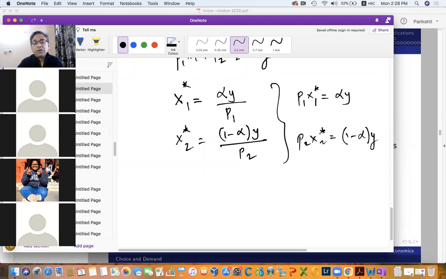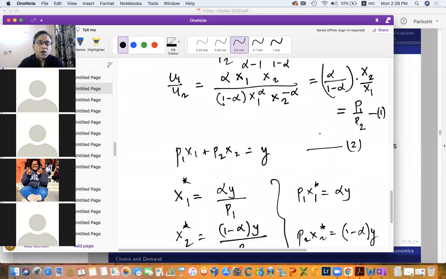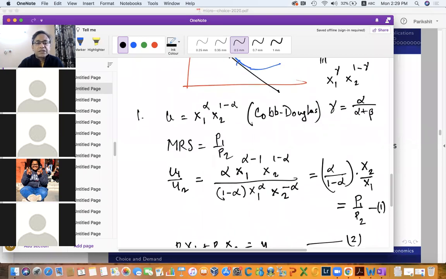Okay. Now, let's ask the question: is this Cobb-Douglas form of utility a good canonical form for consumer preferences? Canonical form means you can allow the alpha to vary from consumer to consumer, but you're imposing a certain structure on the preferences of all consumers.